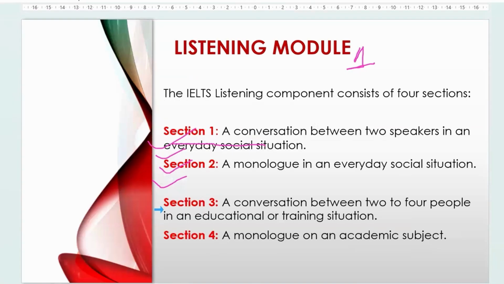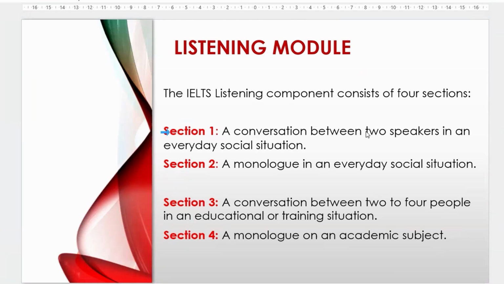In the case of IELTS listening, you need to understand what the sections are and what sort of questions we can face or come across. IELTS listening has 4 sections which contain 40 questions. Section 1 contains 10 questions, where there will be a conversation between two speakers in an everyday social situation.